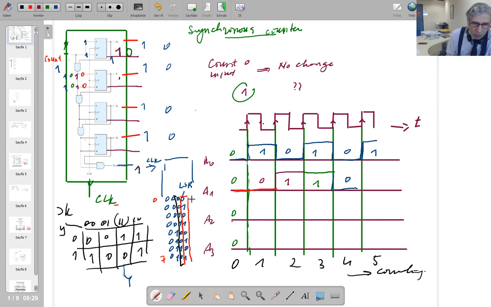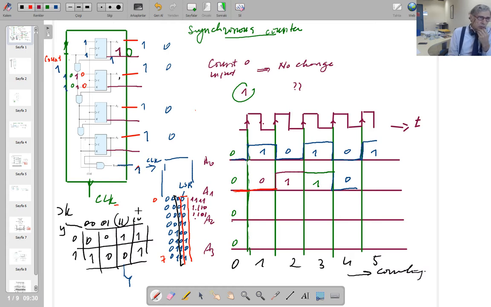The negation of the outputs, if I write it down here, is going to be 1, 1, 1, 1, then 1, 1, 1, 0, and 1, 1, 0, 1. So that is 15, 14, 13. That means if you take the outputs from the prime of the state variables, then you are counting down. If you take it directly from the state variables themselves, you are counting up. So you could see up and down counting.